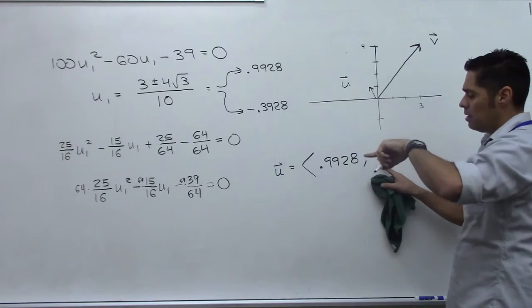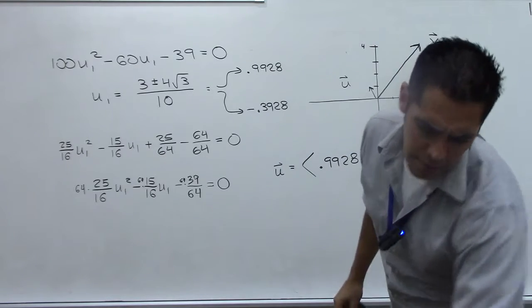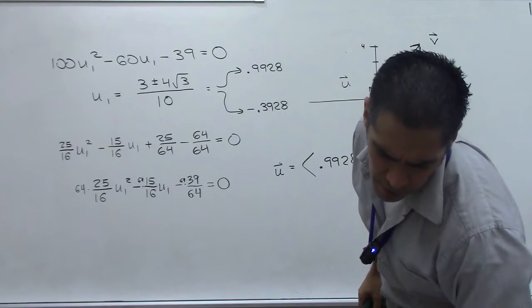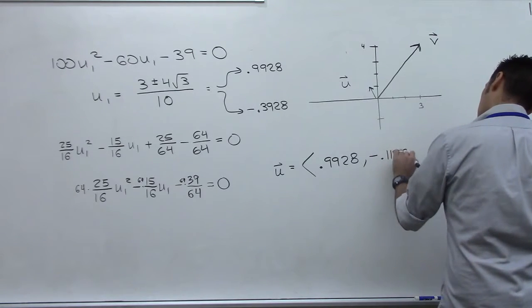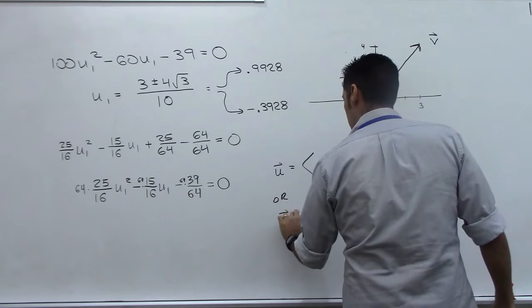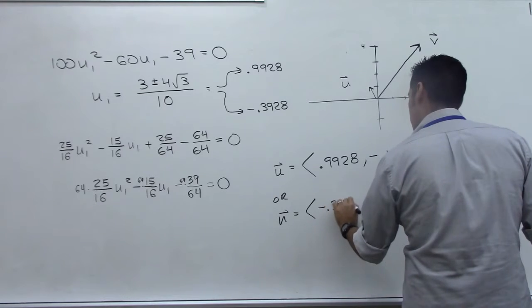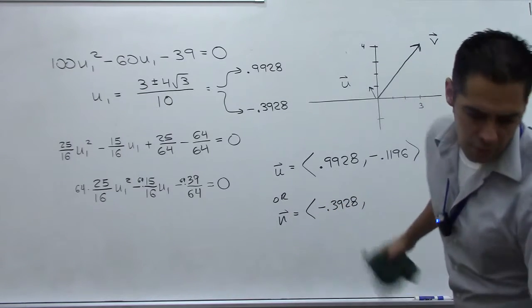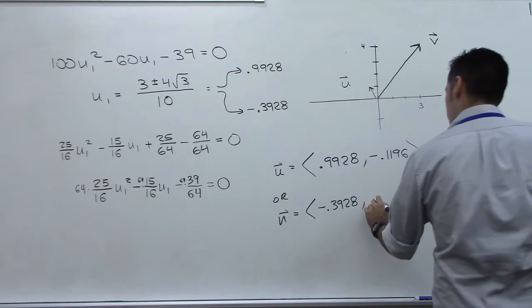Go back and look at our equation for U2, plug this in for U1, and when you do that, you should get negative 0.1196. And then if you do the other option, let my U1 be negative 0.3928, and if you solve that one for U2, you should get 0.9196.